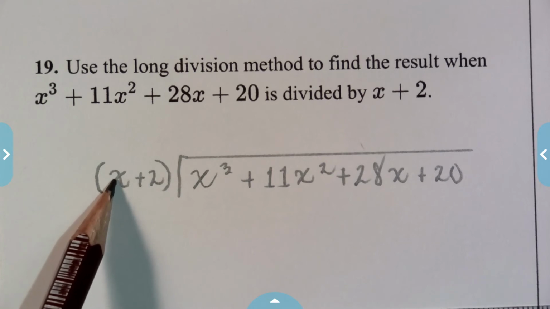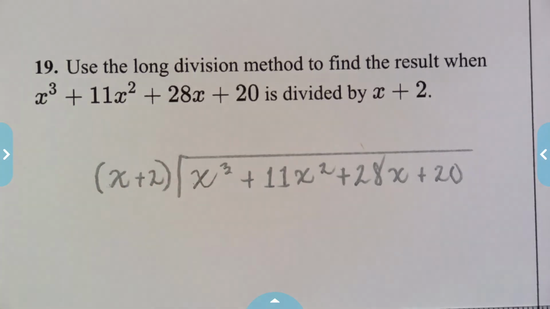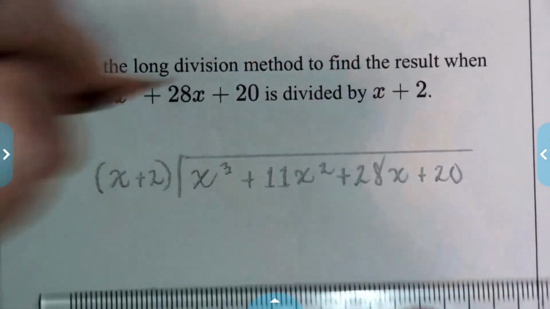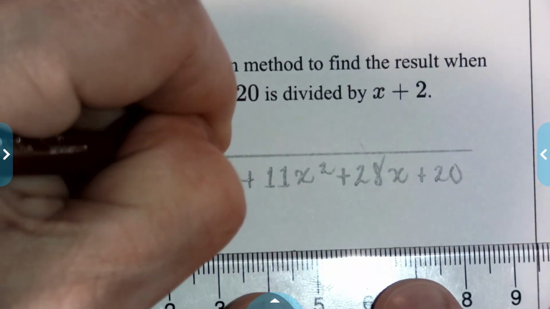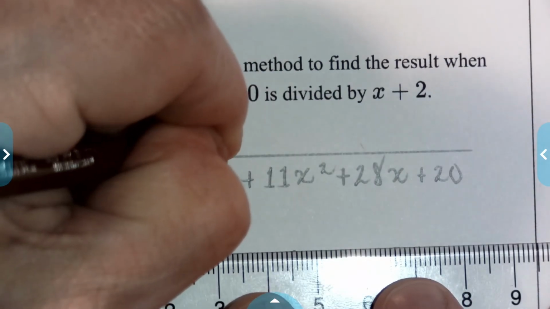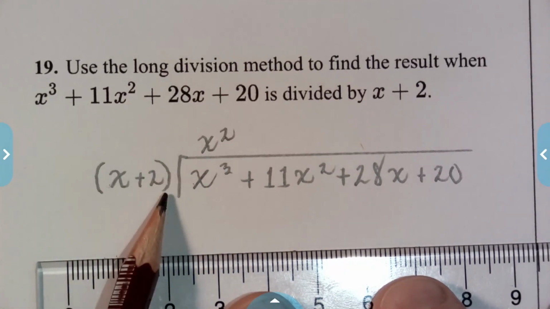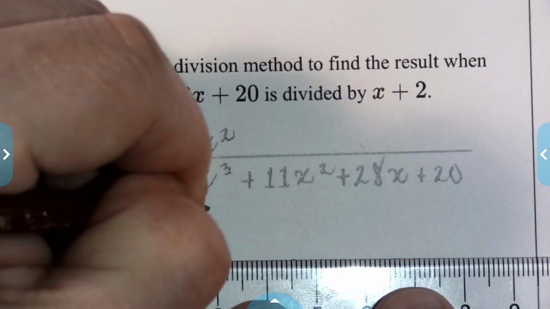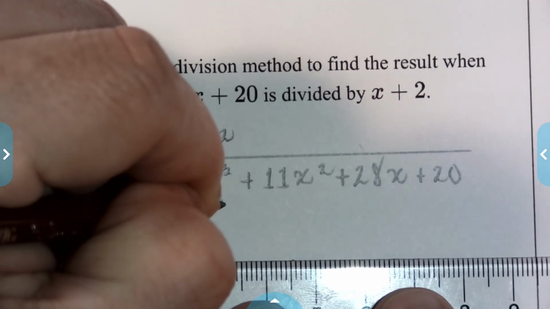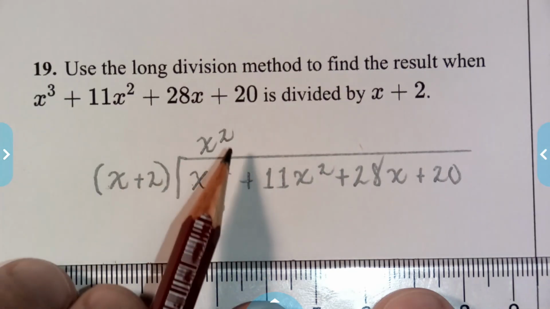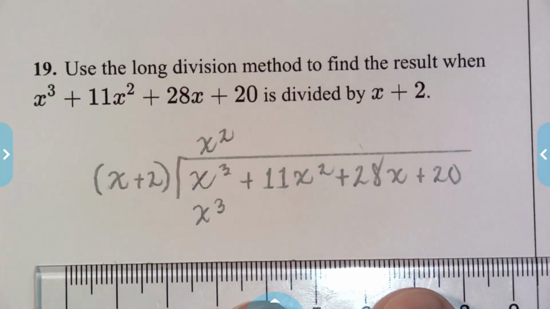Right now you're trying to say what times x equals x cubed? And you should just jump to x squared. So that's your first term of your quotient. So you're going to multiply that times both of these terms. X squared times x is x cubed. And then x squared times 2 is 2x squared.